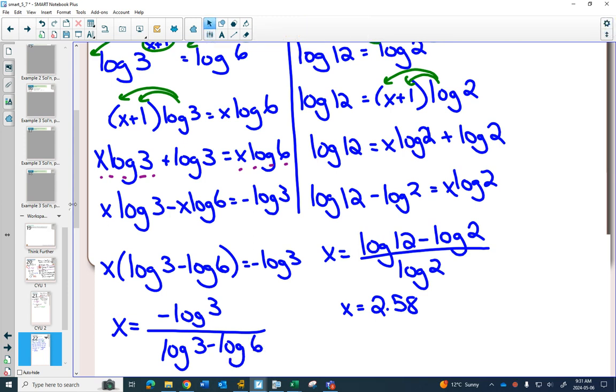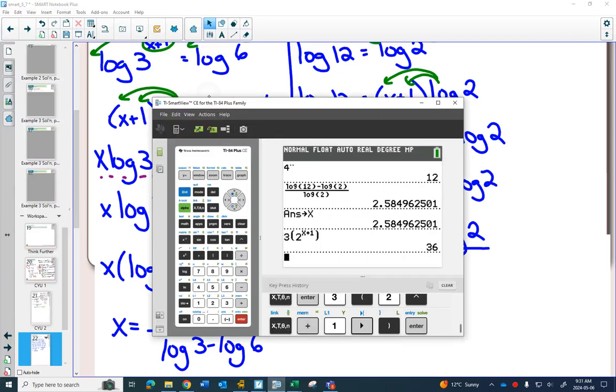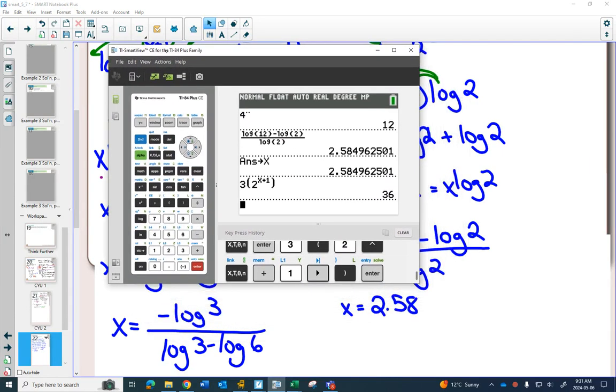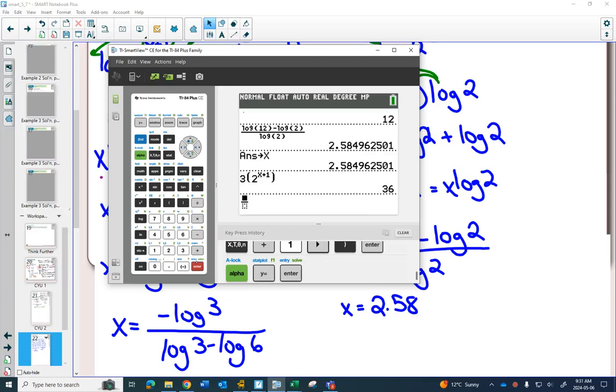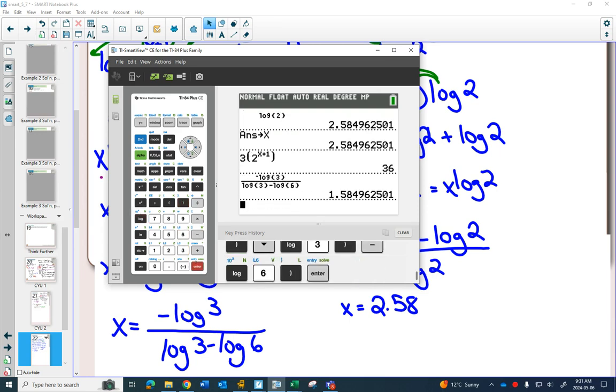And again, type this into my calculator. 1.58.